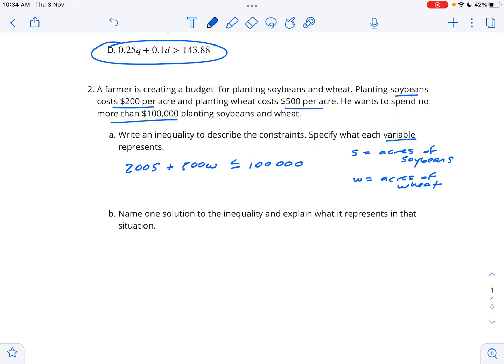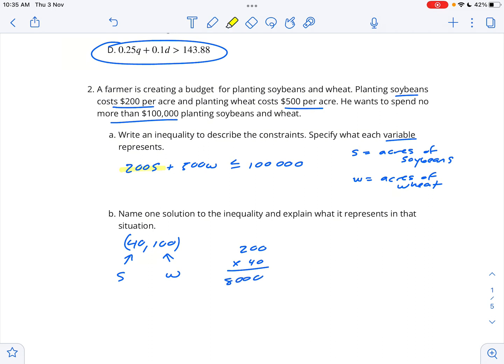So I could just pick, I don't know, let's pick 40 and 100. Okay, so 40 is going to represent the acres of soybeans, S. And the 100 is the acres of wheat. And you could go through and check that out. So if I took 200 times 40, that is going to give me 8,000.